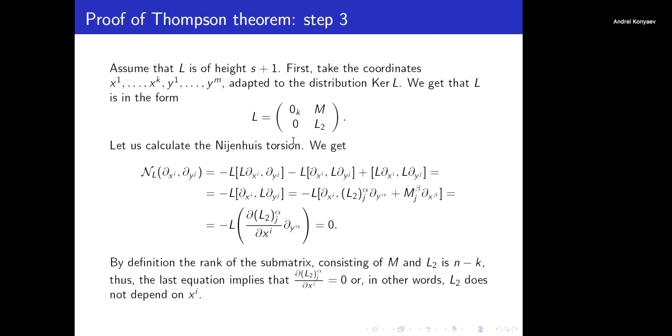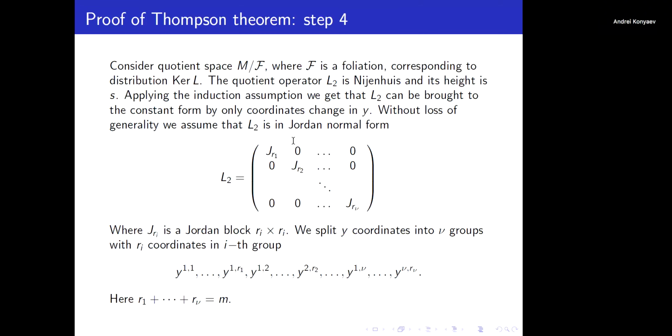So if we have a smaller height, we can apply induction, right? And so, without loss of generality, we get that the operator is constant in these coordinates in y. So we assume that we've already done a coordinate change. It's only a coordinate change in y, because this is the meaning of the quotient space. And after we did a coordinate change in y, we got ourselves a constant operator.